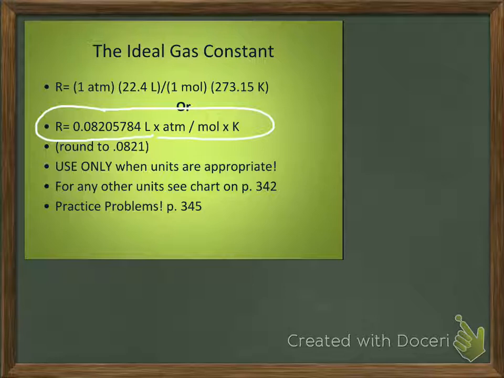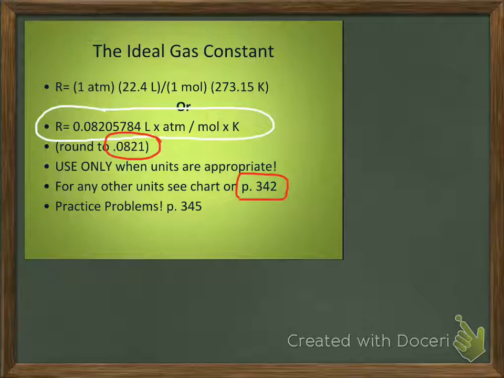Liter atms over mole kelvins. We typically round the ideal gas constant to 0.0821, but those units are really important, and I tend to write those down because if you are using different units for pressure, then the ideal gas constant changes. And if you want to see, there are 4 commonly used ideal gas constants. Look on page 342 in your Holt Modern Chemistry textbook.